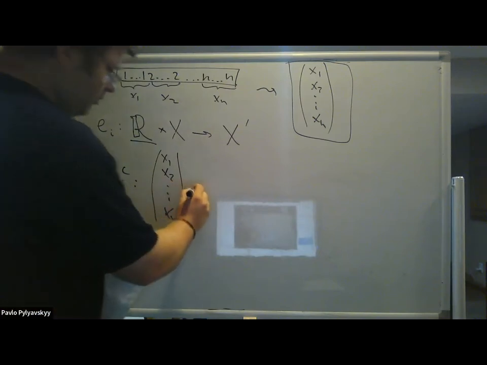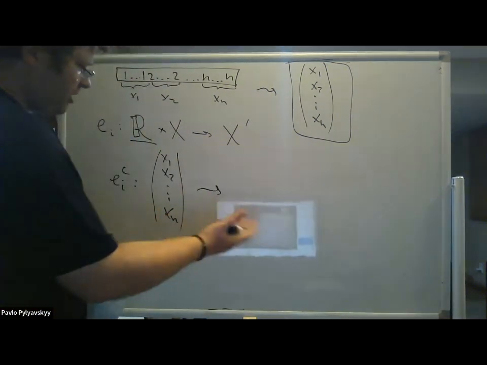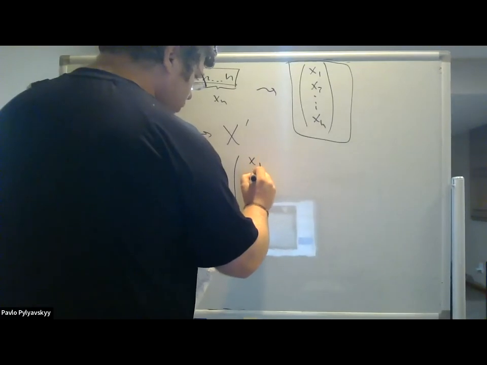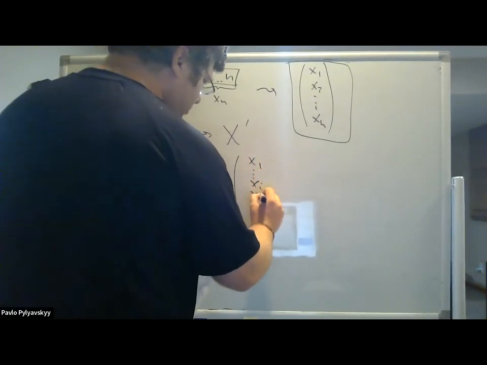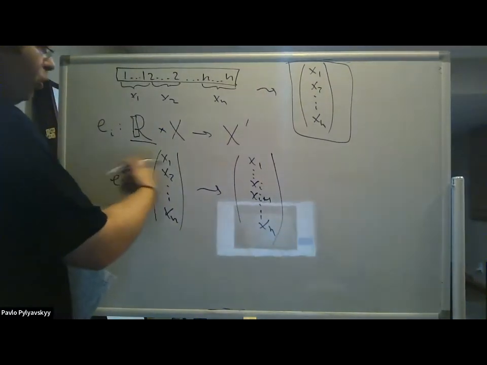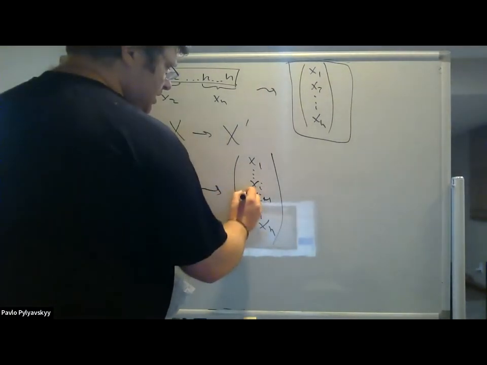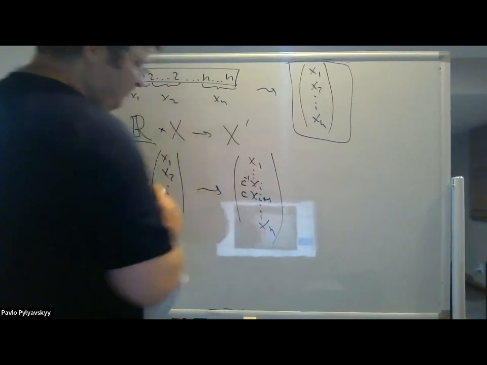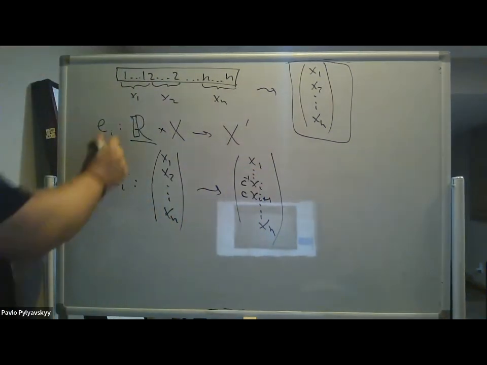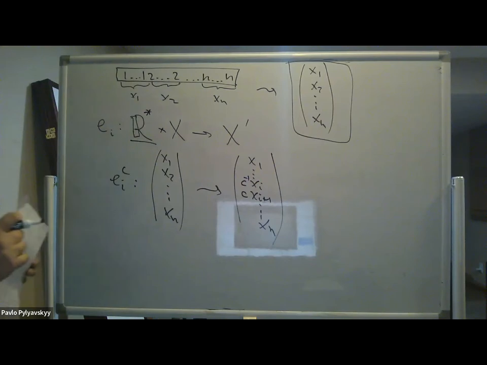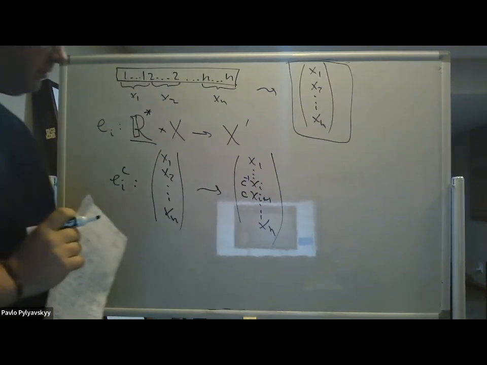In the geometric world, this corresponds to x1 through xi, x_{i+1} through xn: we multiply x_{i+1} by c, and we multiply xi by c inverse. The only requirement on this parameter c is that it's not 0.